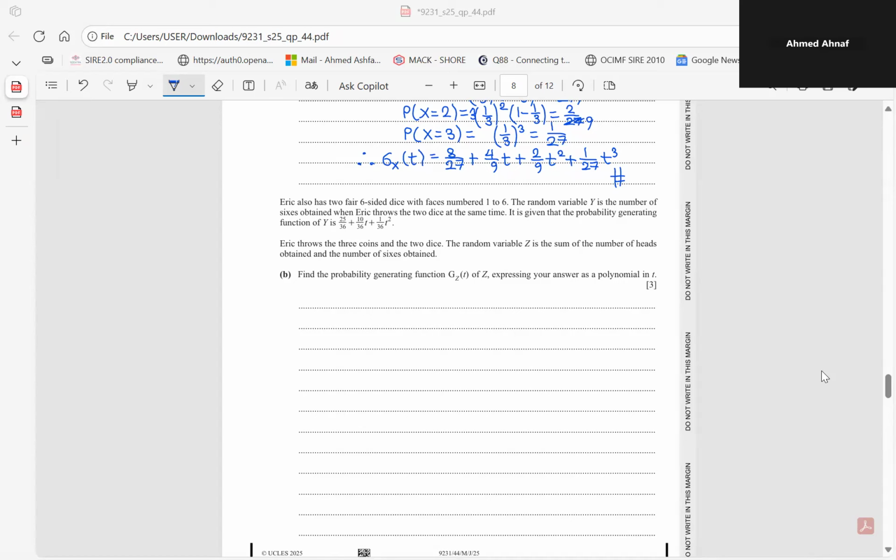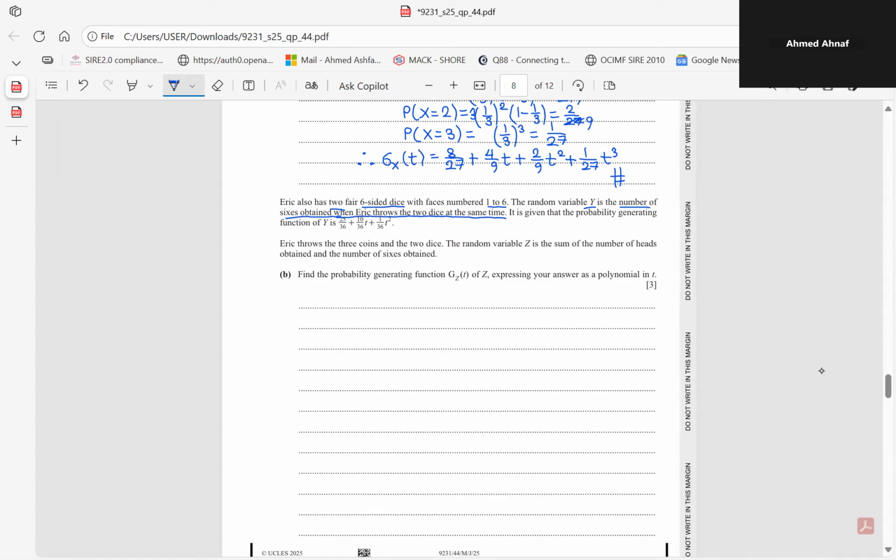For the second part, we're told that Eric also has two fair six-sided dice with faces numbered from 1 to 6. Random variable Y is the number of sixes obtained when Eric throws the two dice at the same time.